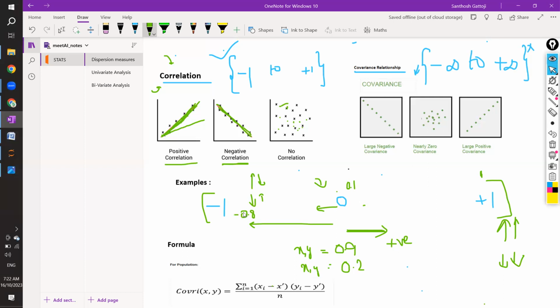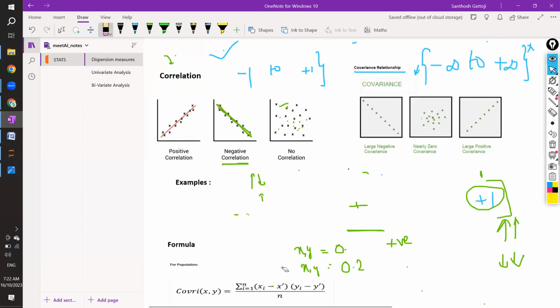No. If it is closer to zero, the effect will be less. In this direction it is less positively correlated, and in this direction it is less negatively correlated. If it is closer to +1, it is very strongly positively correlated. If it is closer to -1, it is very strongly negatively correlated.